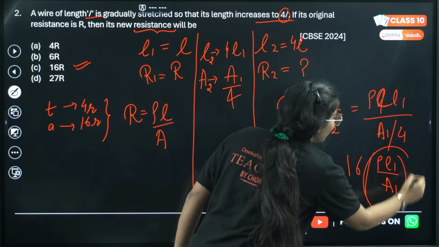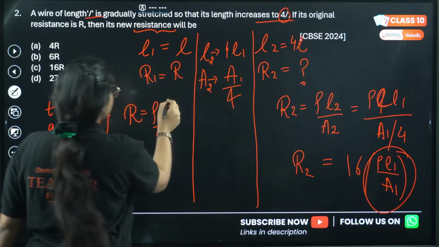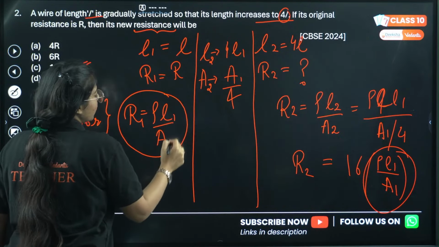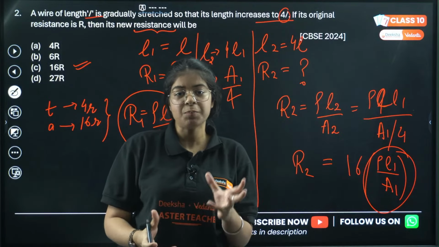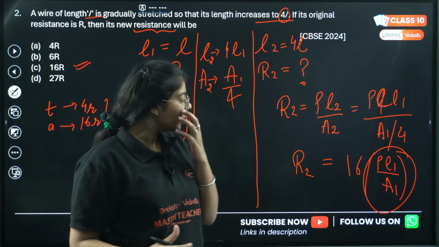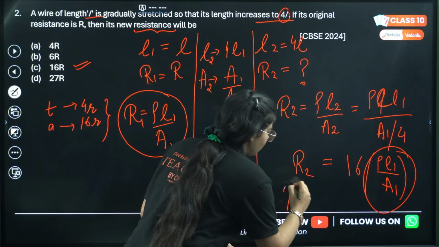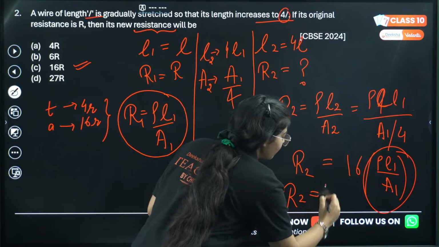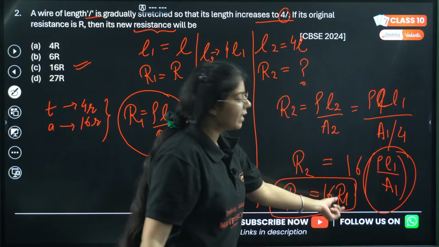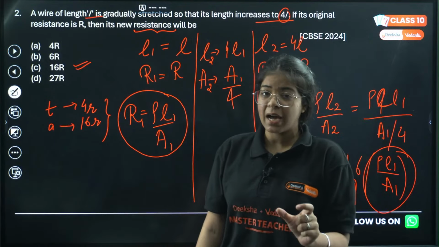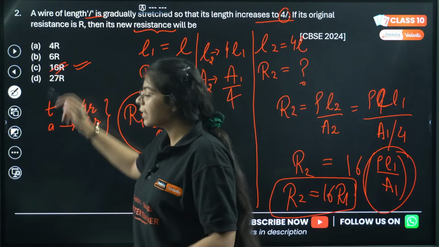Now, rho into L1 by A1 is what? It's my original resistance. If you write with subscripts L1, A1, L2, A2, it will be a lot easier for you to solve. So R2 will be 16 times R1. Correct? And if R1 is simply R, that will be 16R.